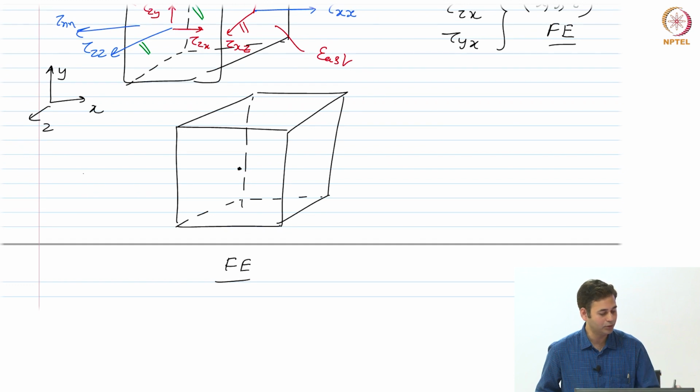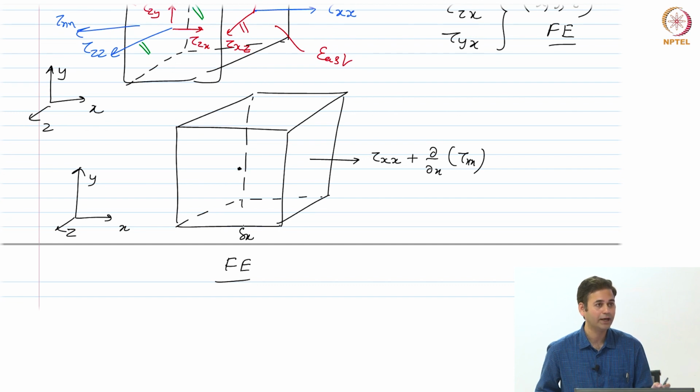Then what would be its value on the east face? This would be tau xx plus, because you are coming in the positive x direction, partial x tau xx, and we say that this fluid element has delta x, delta y, delta z in the x, y, z directions as its length.